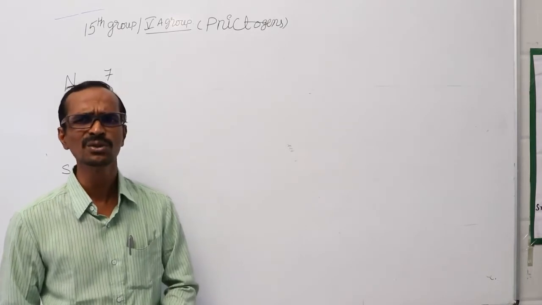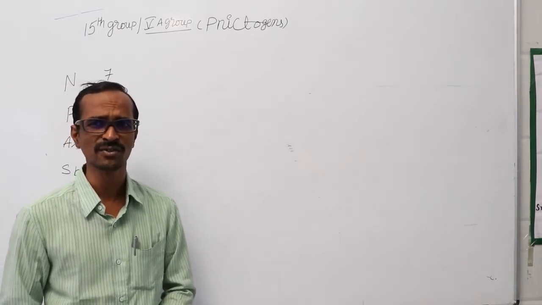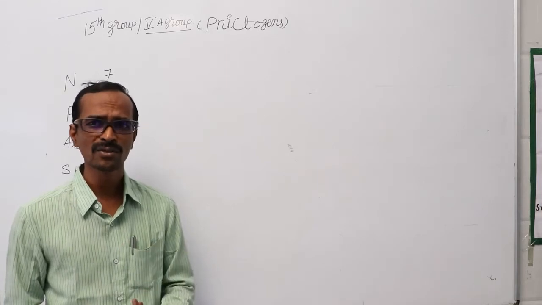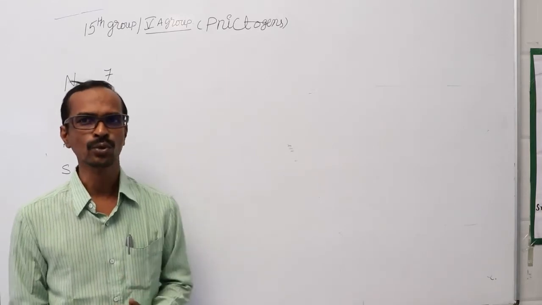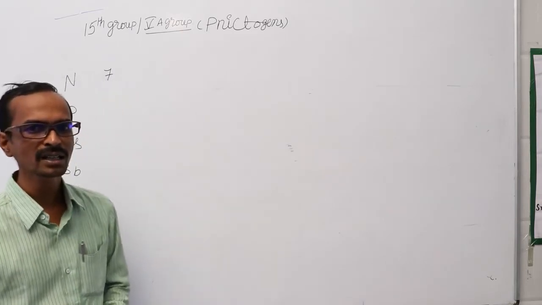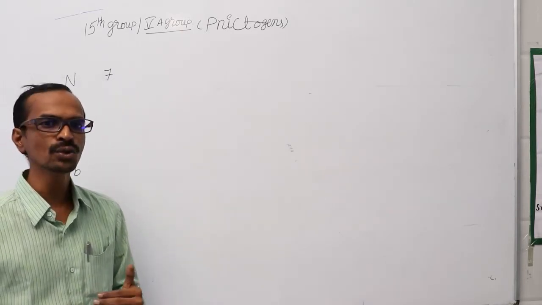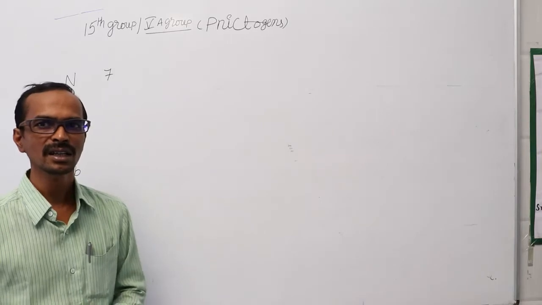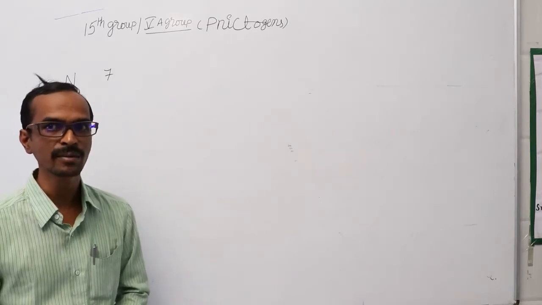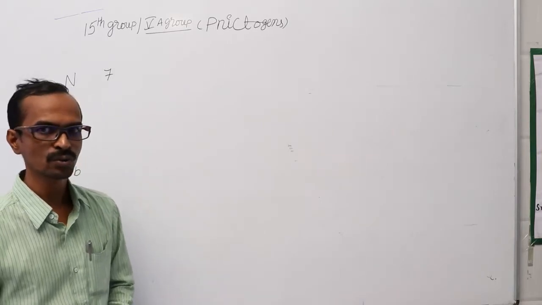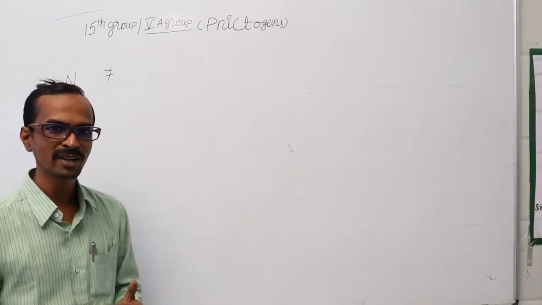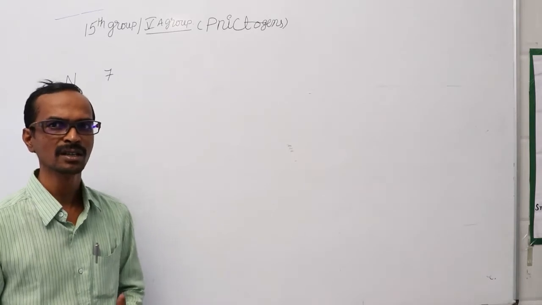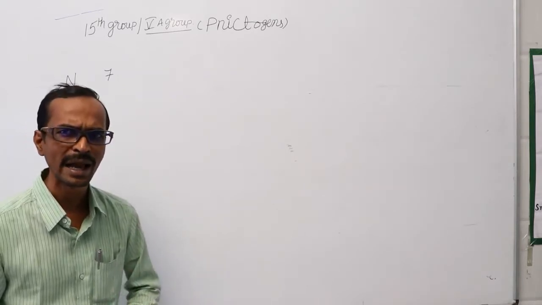It is very simple to remember the atomic numbers of the elements if you know the atomic number of the first element in every group. So here we know that in the next period we are having 8 elements. If you want to write the atomic number of the element which is present in the third period, you have to add 8.